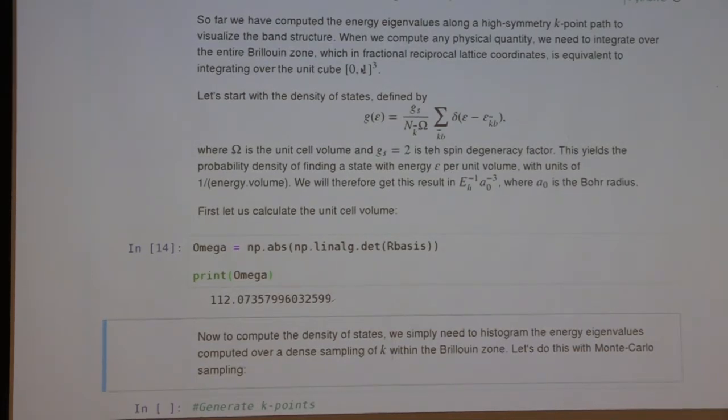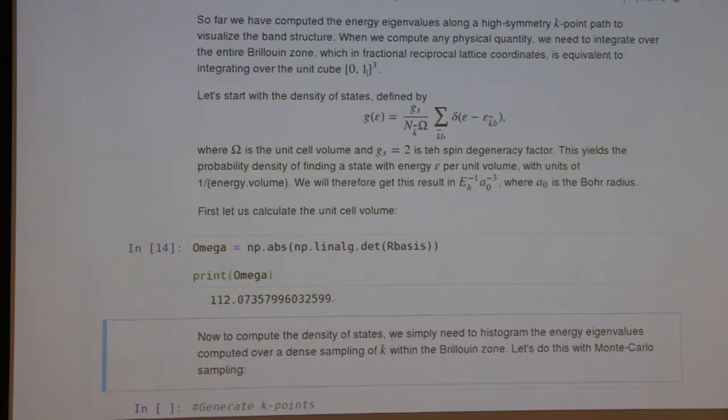Right? So basically, if I account for the non-orthogonal lattice vectors in terms of the basis, in fractional coordinates, all I have to do is take each coordinate from 0 to 1 and cover that one parallelepiped, and then automatically that is equivalent to integrating over that complex shape because of the periodicity.